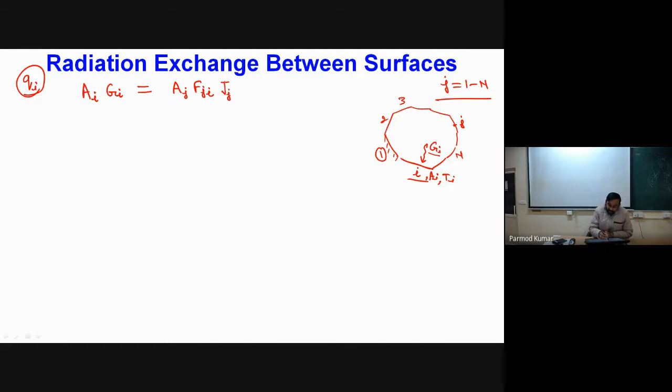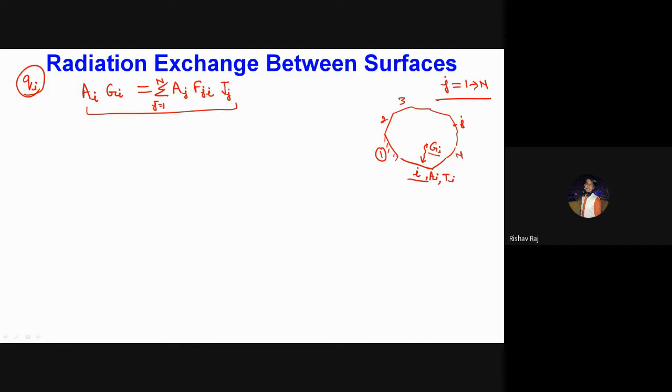So capital J over here is the radiosity of these individual n faces, and this small j is our subscript, which is used to depict the n faces. If I take the summation of j from 1 to n, that will give us the total irradiation falling on surface i. So is it clear how I have written this equation, or is anyone having any confusion?